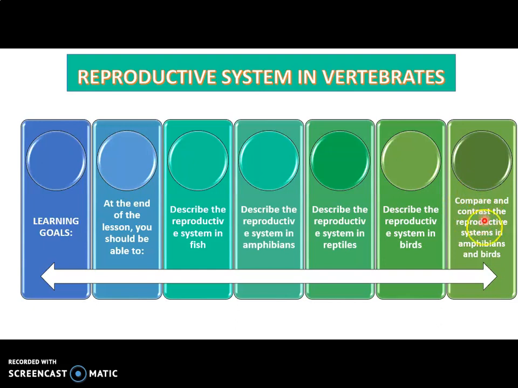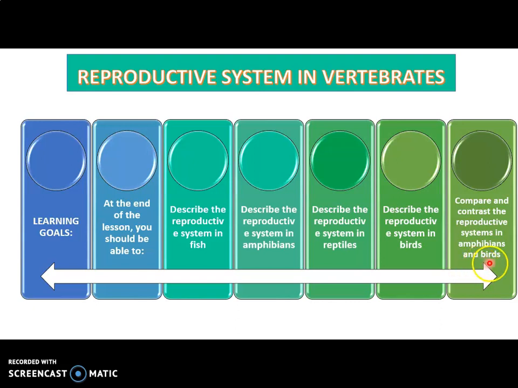During our description of the reproductive system in vertebrates, we should always compare and contrast the advancement and characteristics of this reproductive system. Compare the reproductive system of a fish and that of an amphibian, that of an amphibian with that of reptiles, and also that of birds.